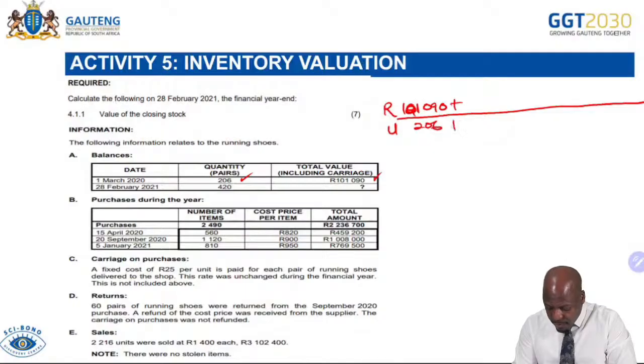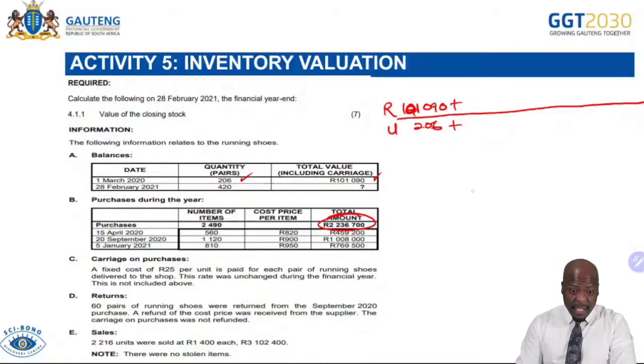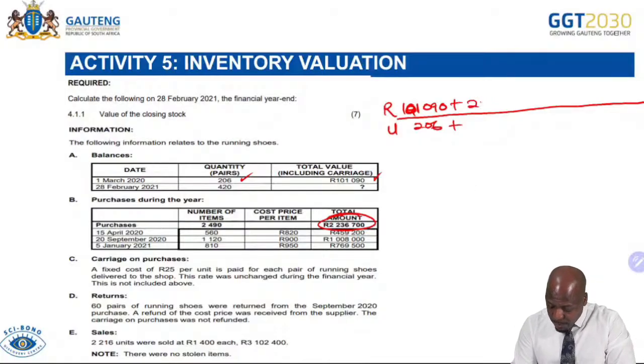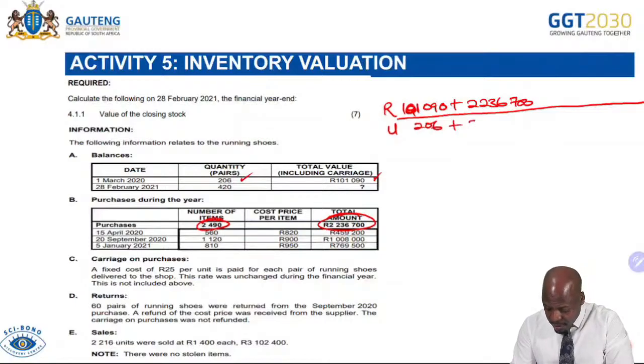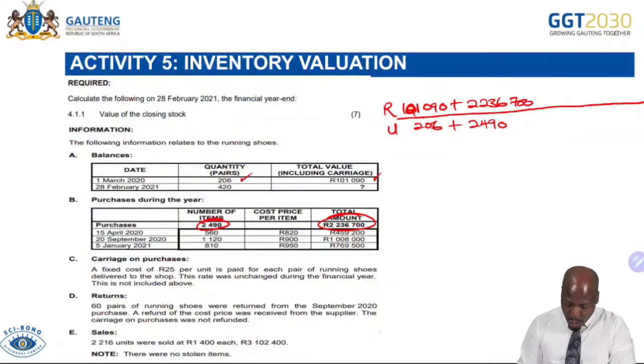Then we say plus your purchases, 2,236,700, and the number of units is 2,490. So I'm going to say plus 2,490. Okay, so here I have my opening stock, I have my purchases as well.